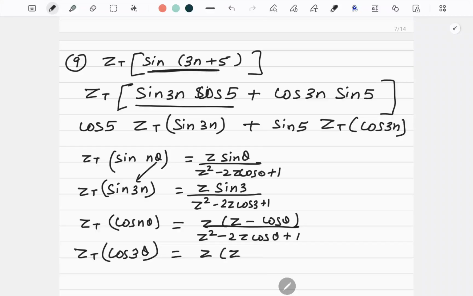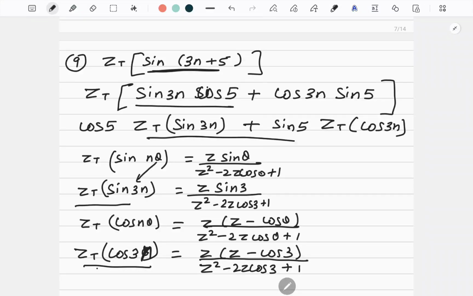Z minus cos 3 upon z square minus 2z cos 3 plus 1. In place of theta I am putting 3. That's it. So I got this result. Okay, this is cos n theta and this is cos 3n.